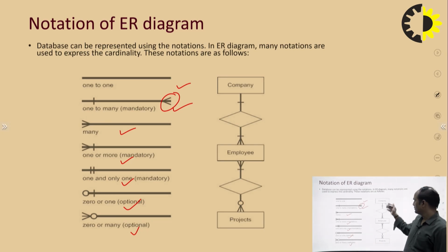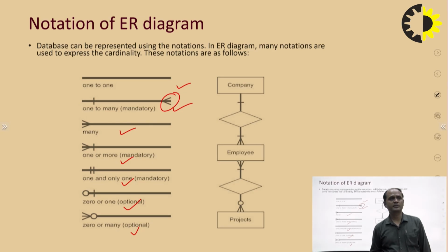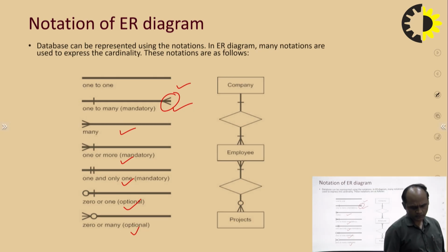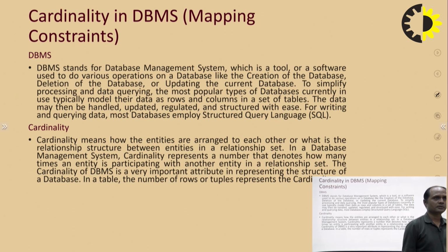Similarly many to one, only one, zero, or zero to many. In this scenario, we can represent the project and employee relationship with the company: 0 to 1, 0 to many, many to 1, many to many. These are the relationships that can be drawn in the ER diagram. So this is the basic structure of an ER diagram.